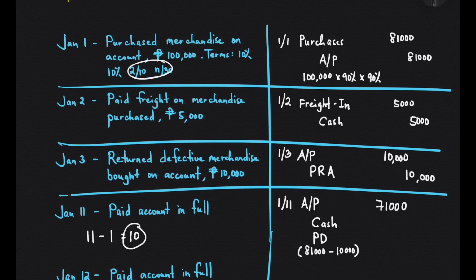So that's 71,000 times the applicable rate, 2%, to get 1,420. So if this is the discount, you will only pay 69,580. Okay, so this is your entry.